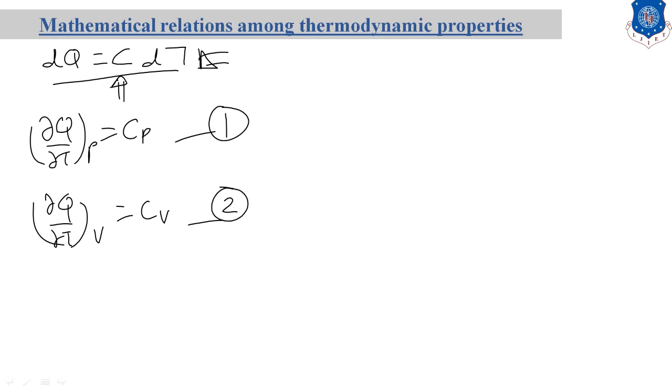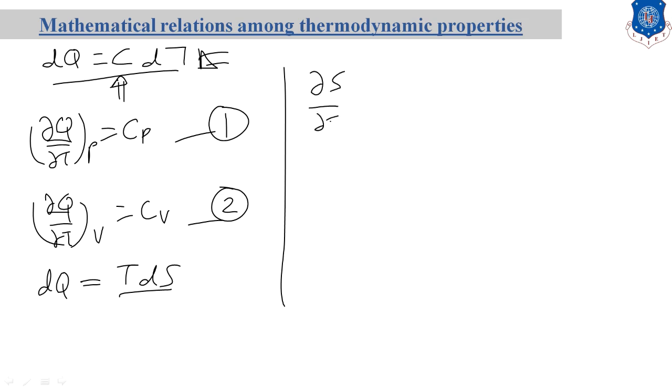But we know that from the definition of entropy, dq = T dS. Replacing dq with T dS in equation number 1, we get (∂S/∂T) at constant pressure = Cp/T, which becomes our equation number 3.